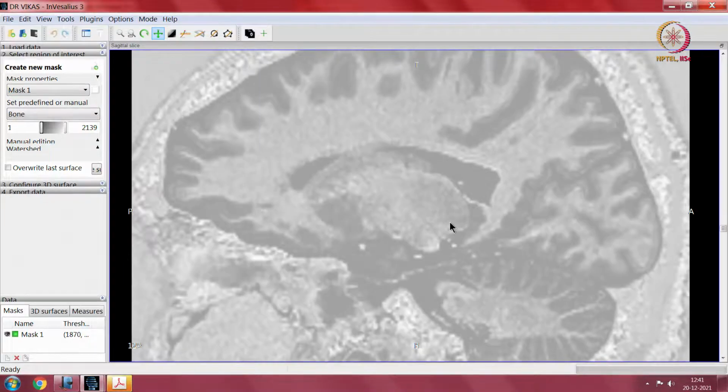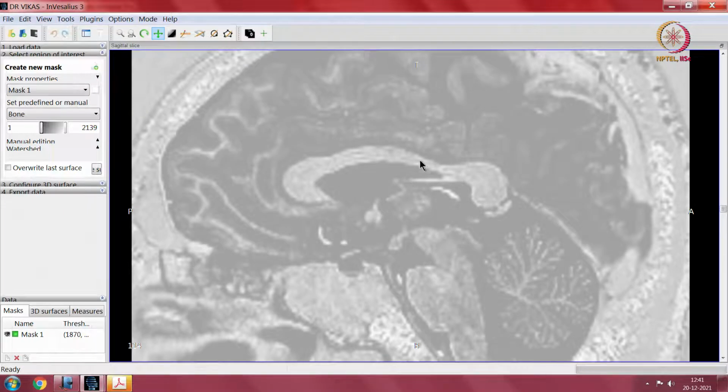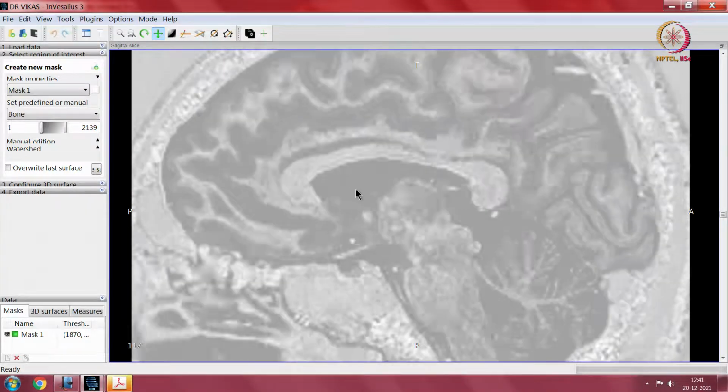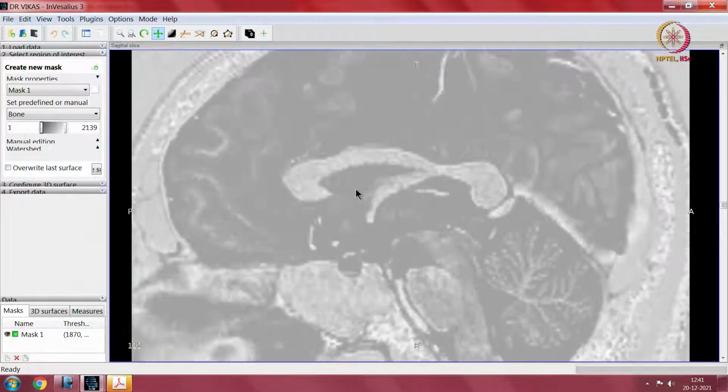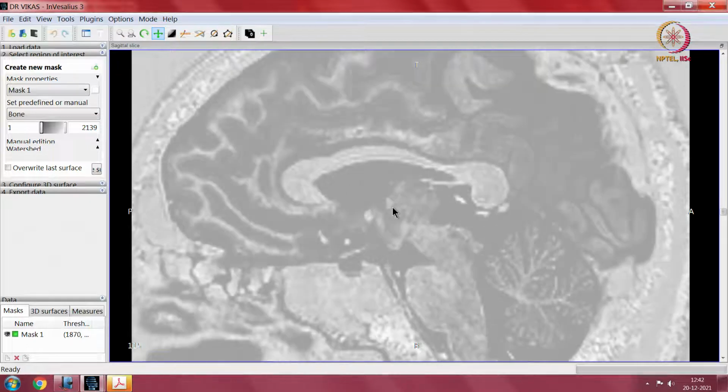So, once the splenium is understood, what comes underneath is the lateral ventricle. This is the region of communication between the lateral ventricle and the third ventricle. The third ventricle is again in the midline. This black space over here is the third ventricle, this is the lateral ventricle, communicating across the foramen of Monro, which is situated over here.